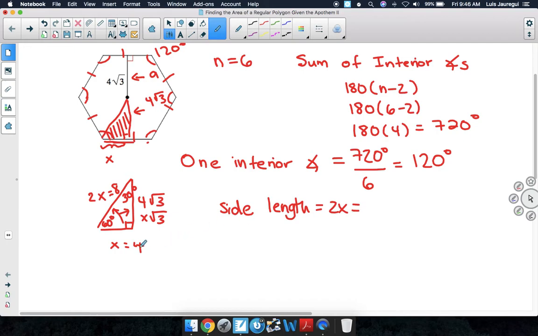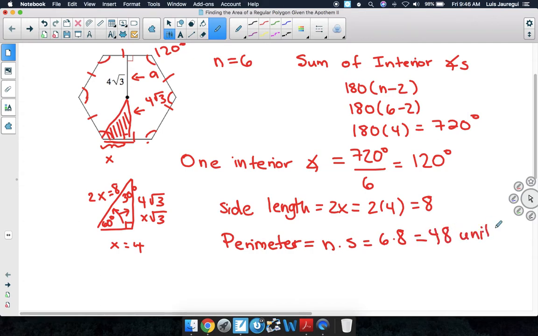But we know that each x is 4, so we can say that's just 2 times 4, which is 8. Now we can figure out the perimeter. The perimeter is equal to the number of sides times the side length. So the number of sides is 6, the side length is 8. So we have 6 times 8, which is equal to 48 units. That's how much the perimeter is.